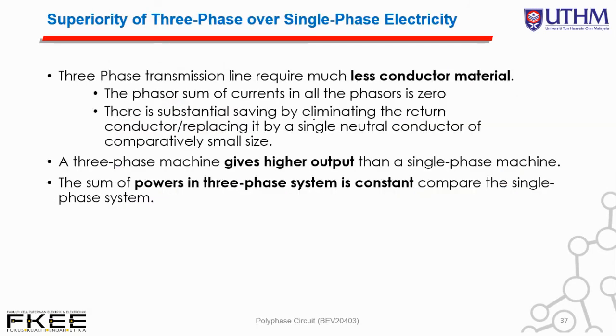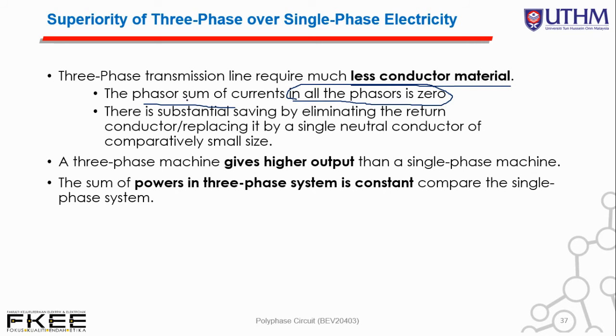So, superiority of three-phase over single-phase electricity. Why is three-phase more important, more crucial, or more superior compared to single-phase electricity? Three-phase transmission lines require much less conductor material. Why? Because the phasor sum of currents in all the phases is zero, meaning it's stable.